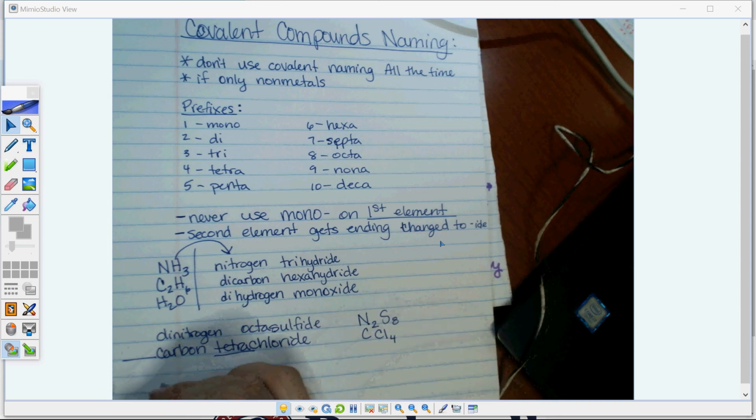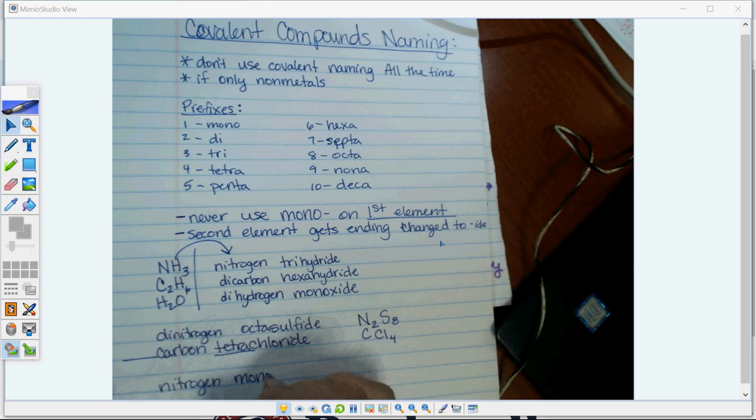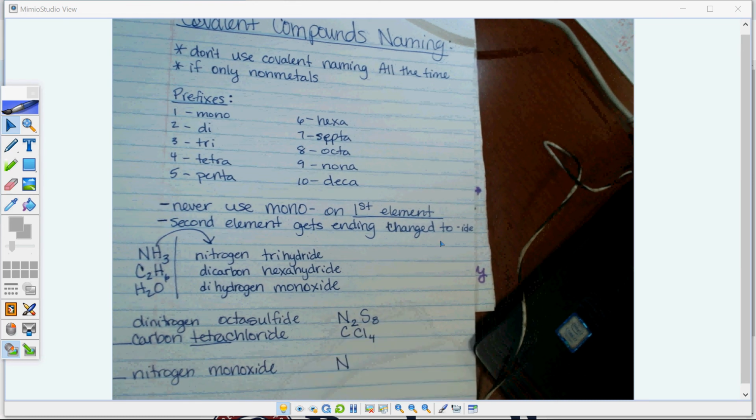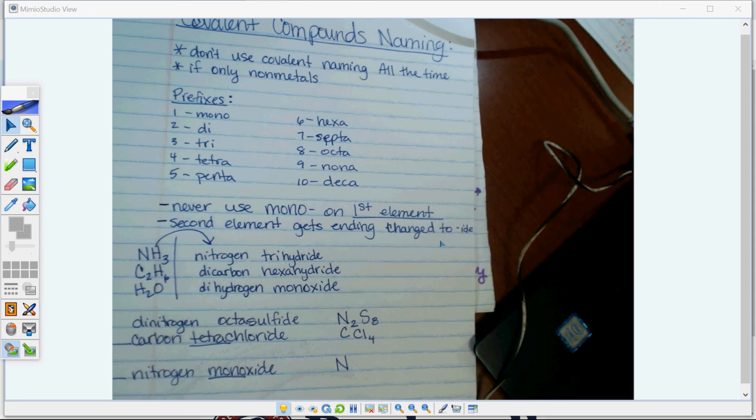One more. Let's say nitrogen monoxide. The lack of prefix on the first element tells me it's only 1. Mono tells me it's only 1, and then oxide means just 1 oxygen.